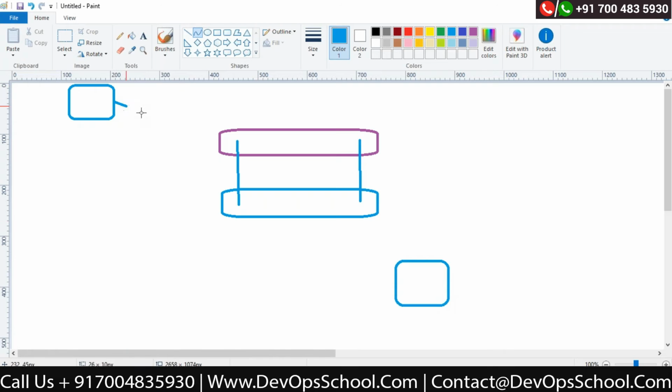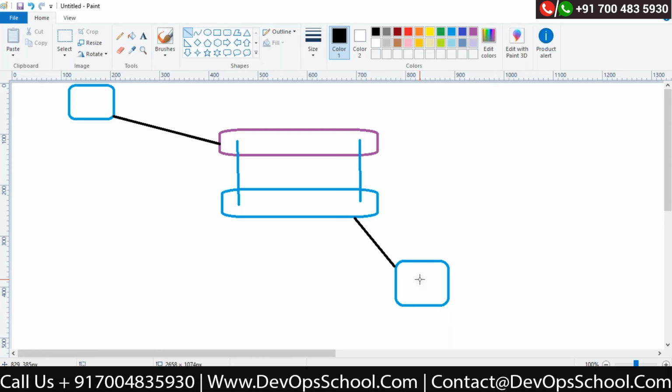Okay, let's say this is a computer connected to the switch. This is again a computer. This is a computer. This is also a computer. Correct? Now what happens if this computer sends some broadcast traffic? I told you some traffic is broadcast by default.